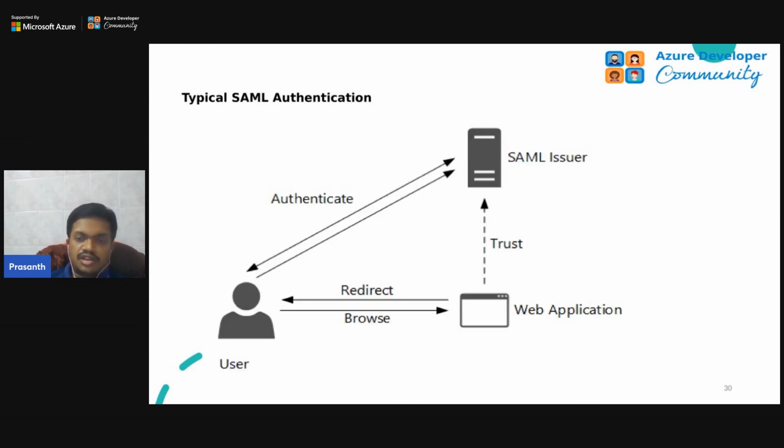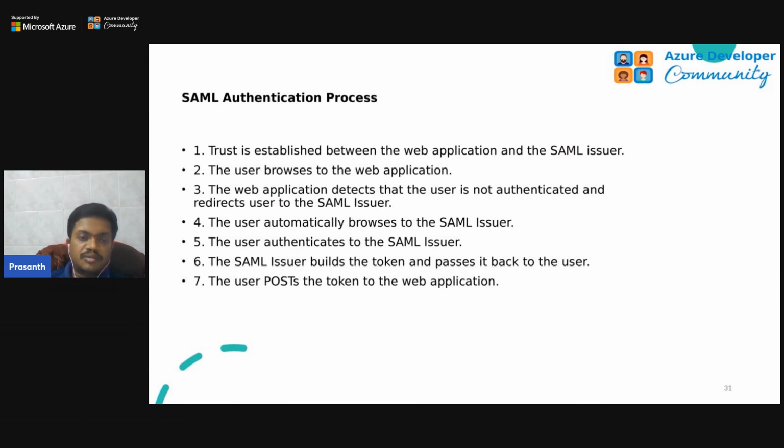So how does SAML authentication happen? The user authenticates. There will be a SAML issuer in place, and then the web application. Whenever the user tries to authenticate, the SAML issuer verifies and returns the token, and that way it allows you to access the web application. The process typically is: trust is established between your web application and the SAML issuer first, and then the user browses to the web application.